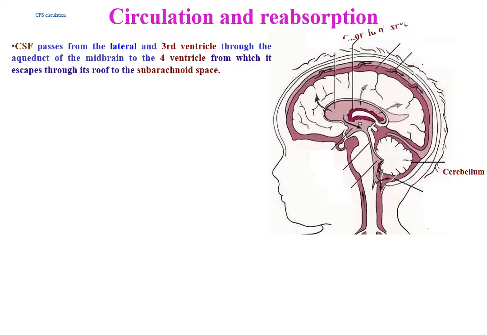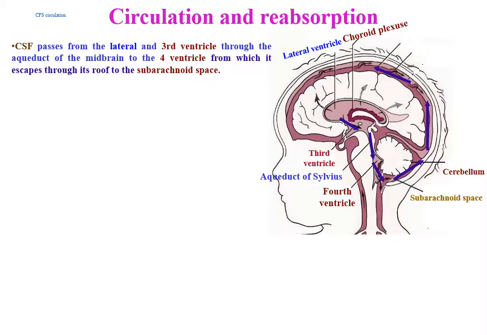Circulation and reabsorption of cerebrospinal fluid. Cerebrospinal fluid passes from the lateral and the third ventricle through the aqueduct of the midbrain, the aqueduct of Sylvius, to the fourth ventricle, from which it escapes through its roof to the subarachnoid space.